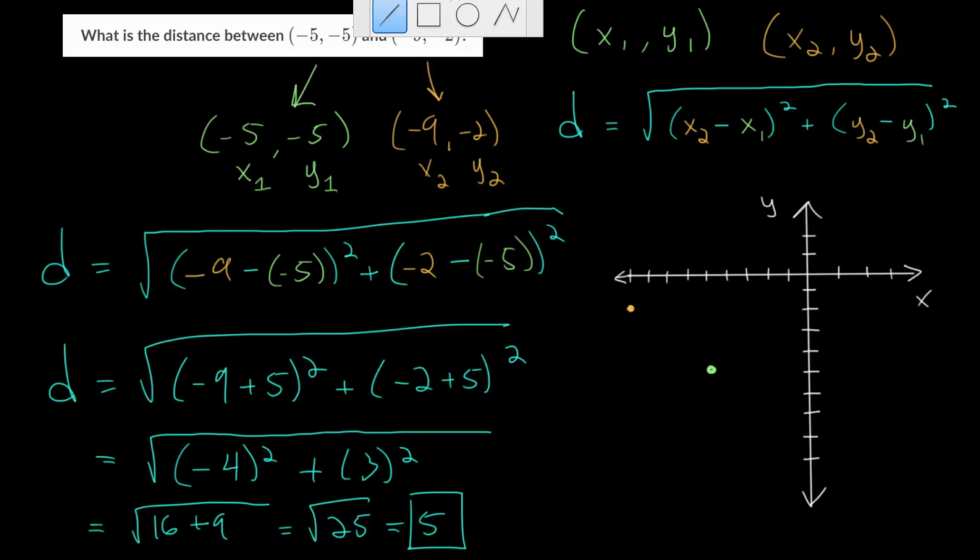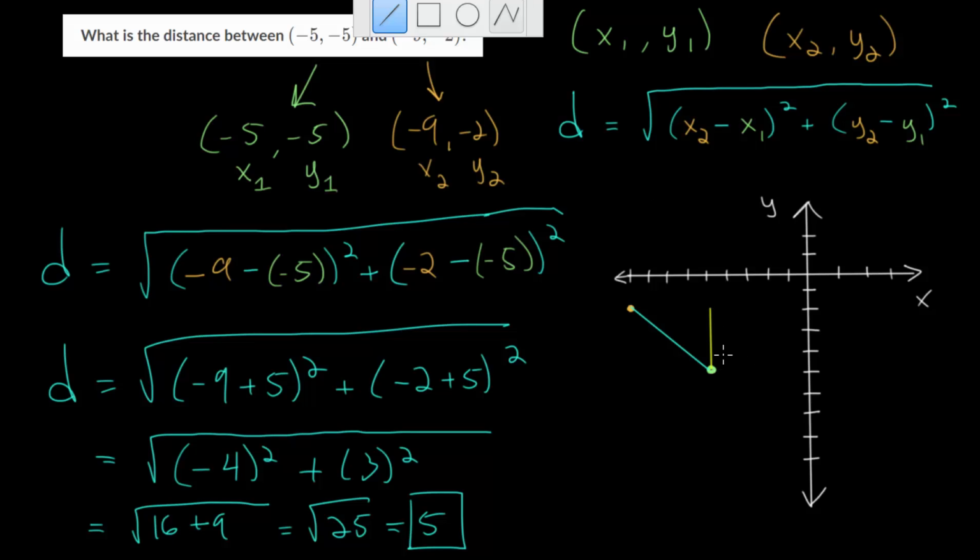And so to find the distance between them, we would connect the points with a line. Let me make a little bit better one. And essentially at this point, just make a triangle to try to figure out what this side length is. So to make that triangle, we would draw a vertical line straight up towards the x-axis, stopping at the highest y value here.